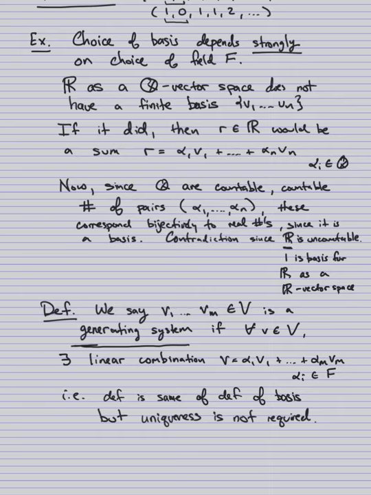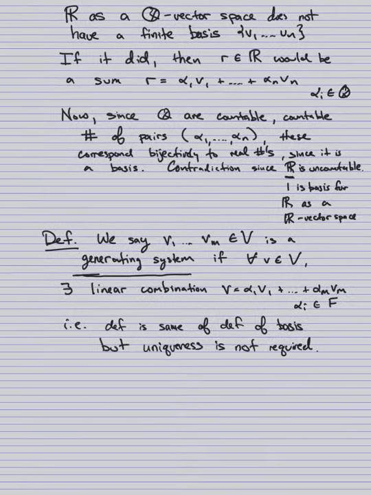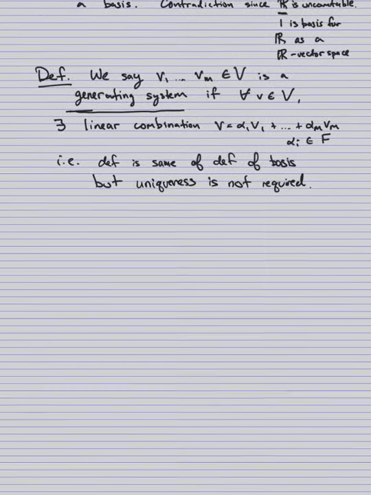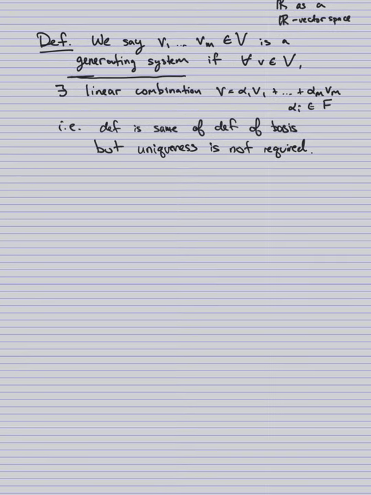You can think of it as, you start with this set, and then you're allowed to add and multiply. It turns out you can get any single vector from this. But in general, you might have many different ways to get to different vectors by adding and multiplying in different combinations. For a basis, there's a unique way to go. In general, if you just have a generating system, there's a lot of different ways to do it.